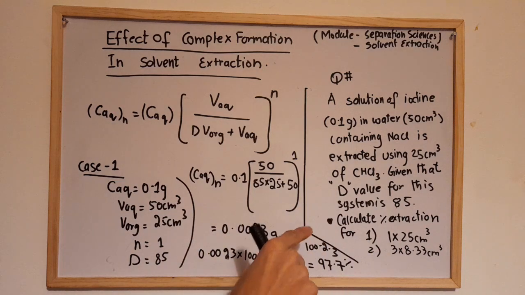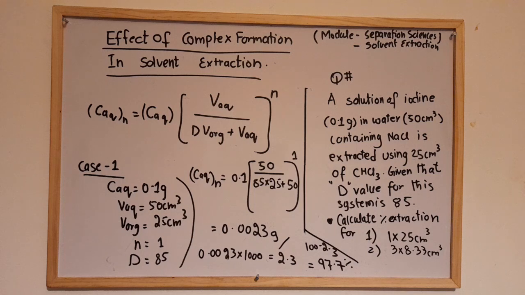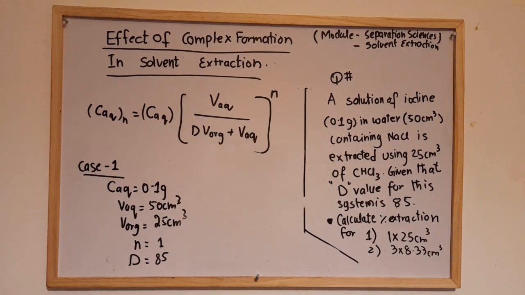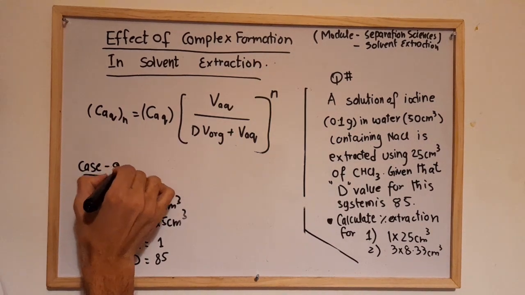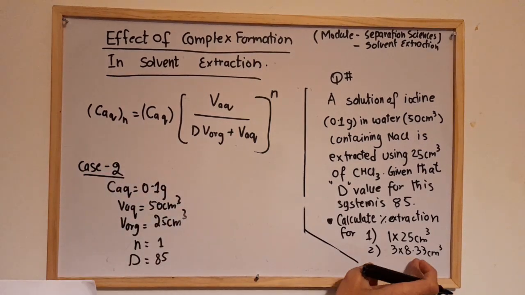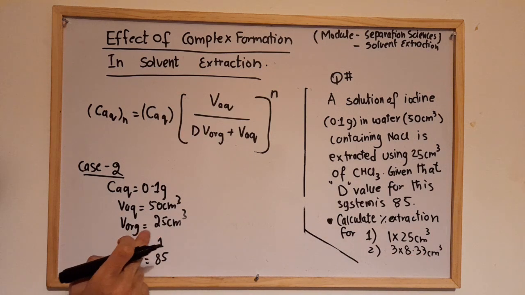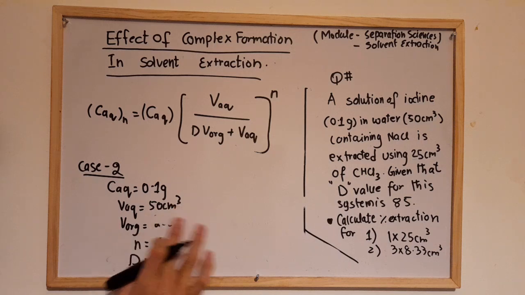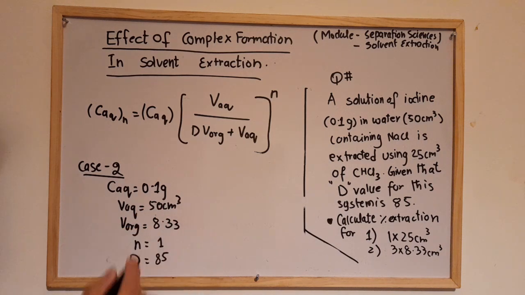Then we're going to solve the second part. For the second part, I will just mention case 2. The V_ORG would be 8.33. Initially it was 25, so we have to use 8.33 centimeter cube for multiple extractions.